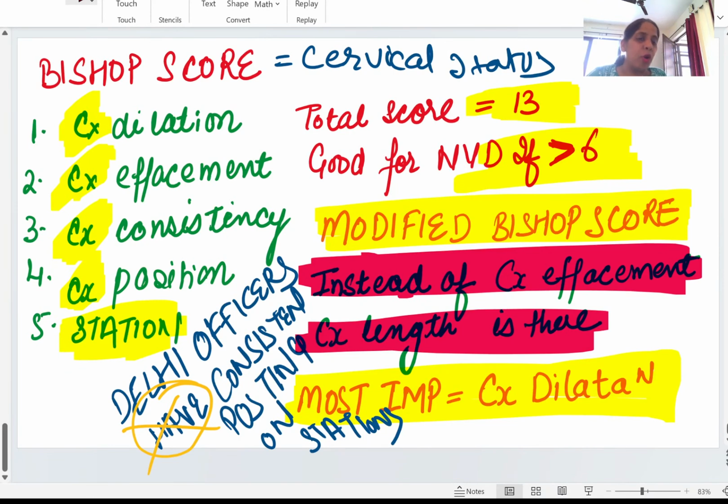Okay. The most important component of Bishop score is cervical dilatation. Is it clear?